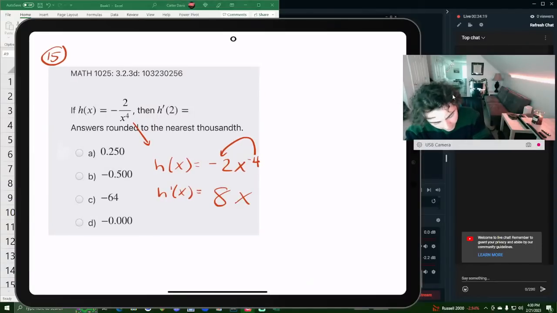So we make that 8, we leave the x, and then we still subtract 1 from the exponent. Negative 4 minus 1 is negative 5. So now we can just plug in 2 wherever we see x. So h prime of 2 is 8 times 2 to the negative 5.